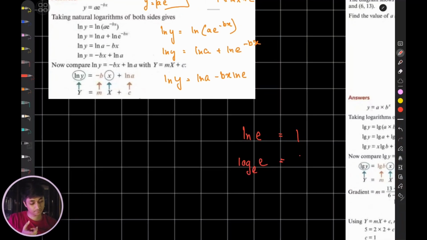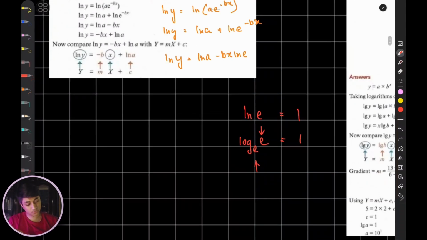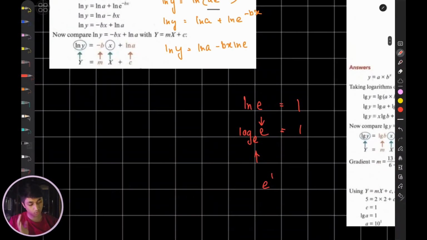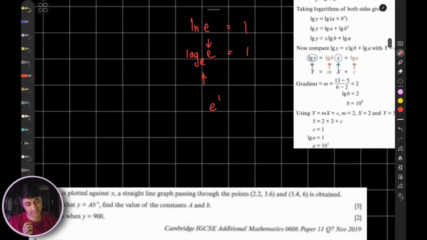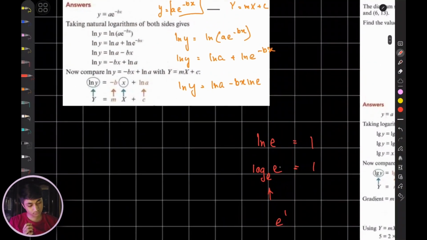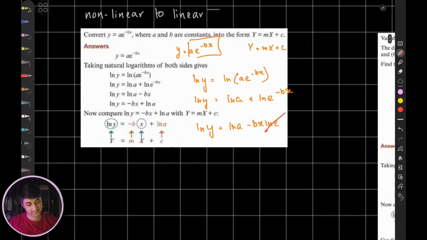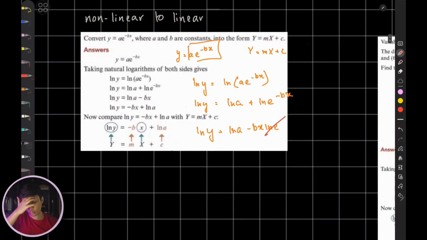So notice, what power of e do I need to get the same value as e? It's going to be as simple as 1. If you have e to the power 1, it's going to give you e itself, right? So you can easily say ln of e is nothing but 1. Great. So I can cancel this term and say it's nothing but 1.